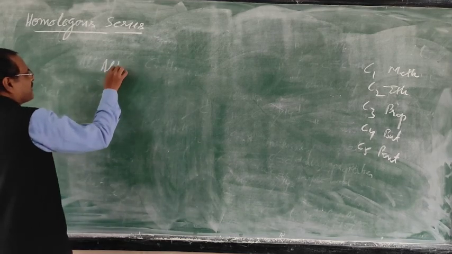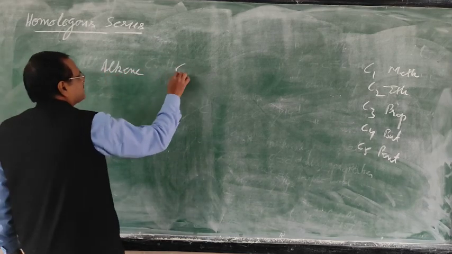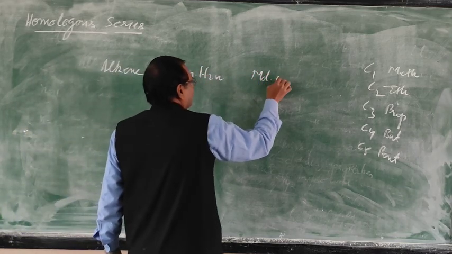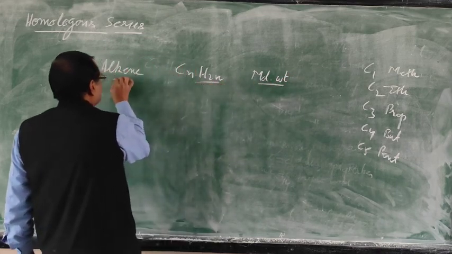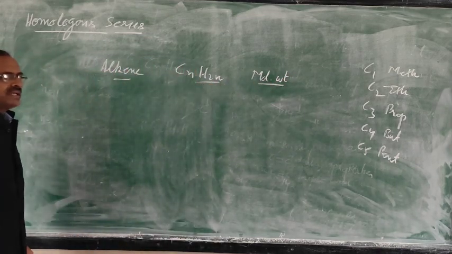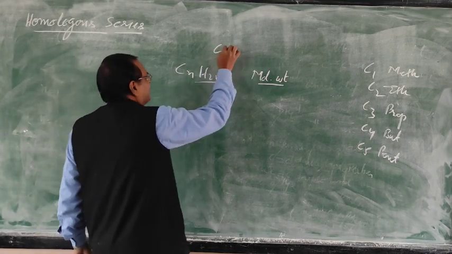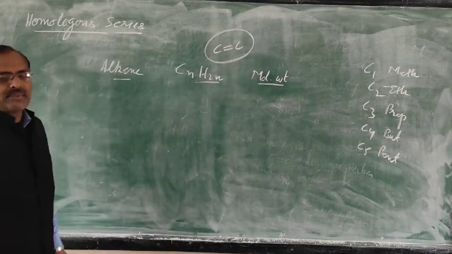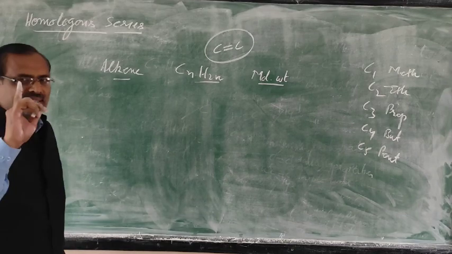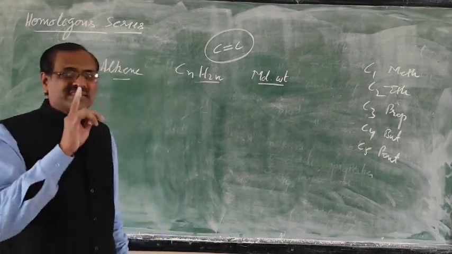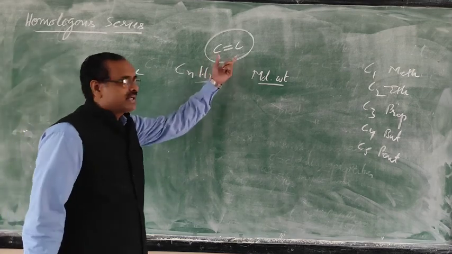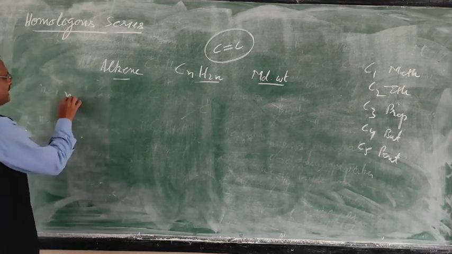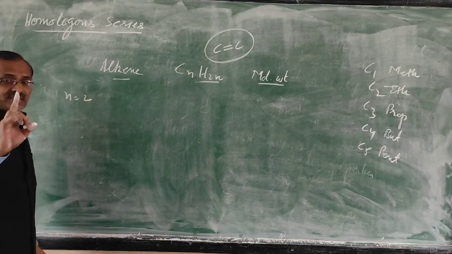The general formula is CnH2n, with a carbon-carbon double bond. Now the question for you: can a single carbon atom form a double bond? Your answer will be no, because a minimum of 2 carbon atoms are required. So that's why the first member of the alkene homologous series starts from n equal to 2, not n equal to 1.